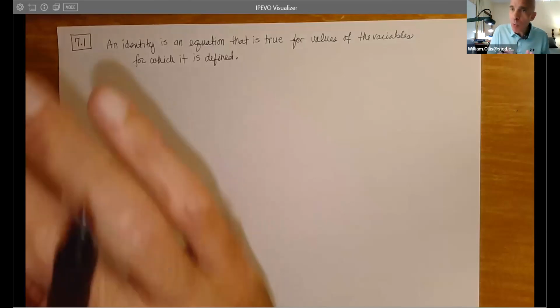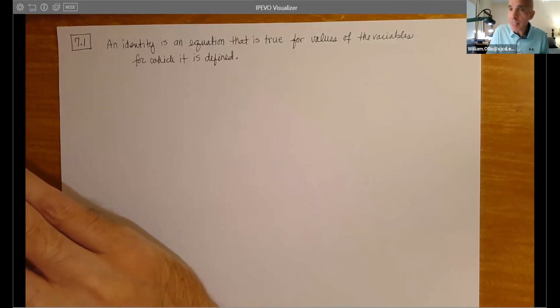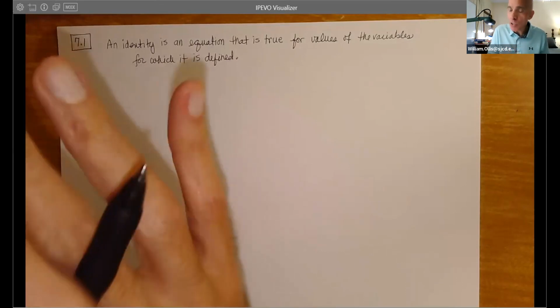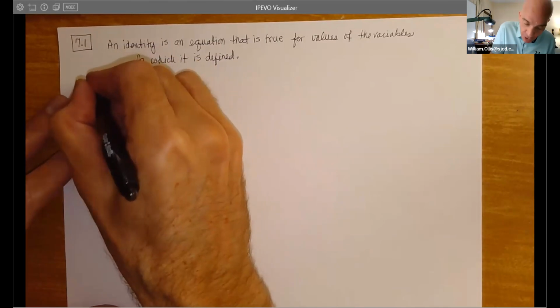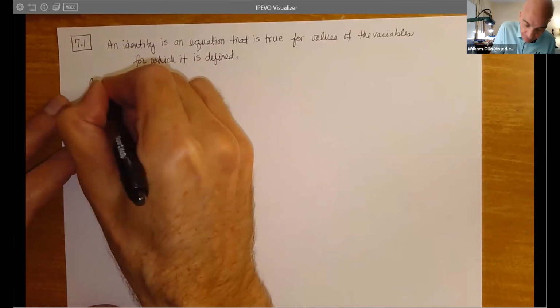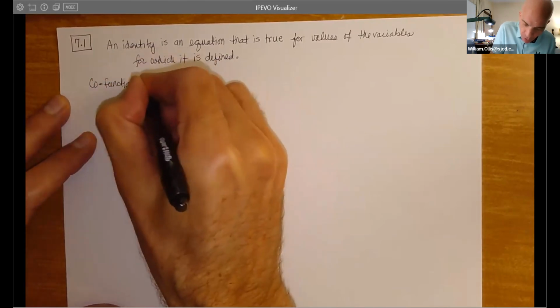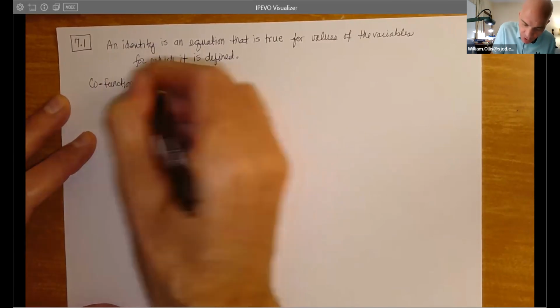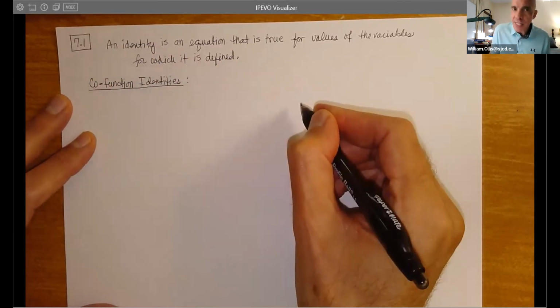So one set of identities that I want to share with you are called the cofunction identities, which can actually be justified using a right triangle, and you should do that. But I just want to state them for you. These are called the cofunction identities. So these are the only ones that we add to the lists. And you used this when you did a proof with the inverse sine back in 6.4.